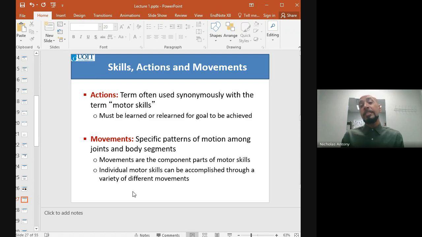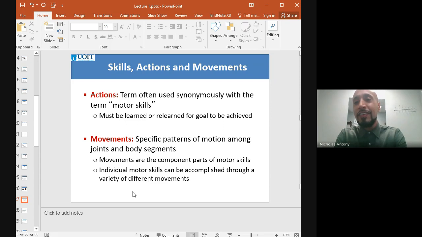Now, movements is a different term, and I was thinking of something that we could do where I could get people to share their screens and perform a motor task to sort of make this point. I just can't think of something, because it would be funny, but I just can't think of something that would work.